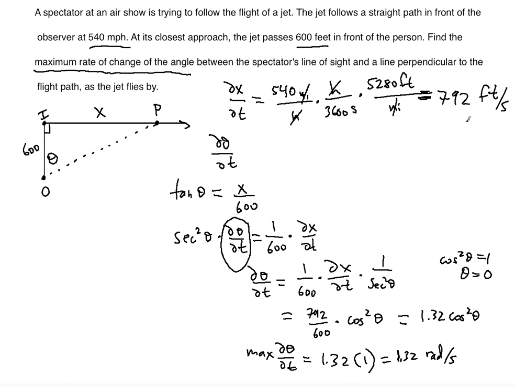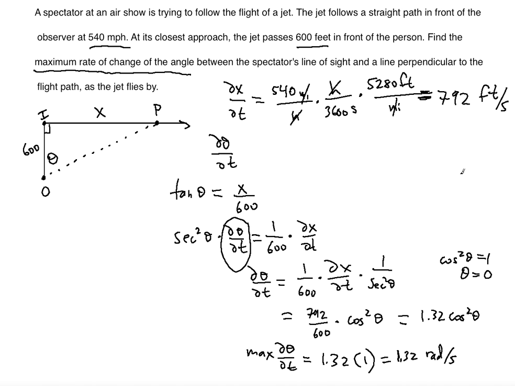But as we can see, the plane's speed is 792 feet per second. So that means in 1 second it will cover more distance than the distance between you and the plane when it's right above you. So if 1.32 degrees per second were there, it would not make sense, right? It's just too little.